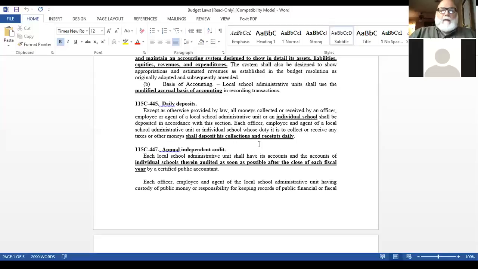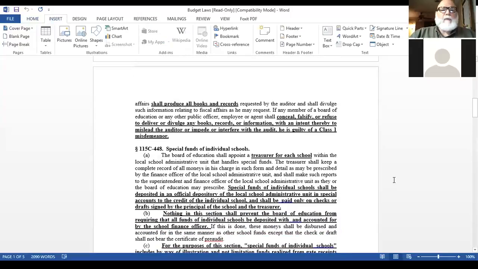All right, moving on down, you have to produce all books and records. And what I was just talking about: conceal, falsify, refuse to deliver with intent. That's what I'm talking about. That's a class 1 misdemeanor. When you don't use the purchase order system, they consider that intent to conceal. So you better make sure that you do that.